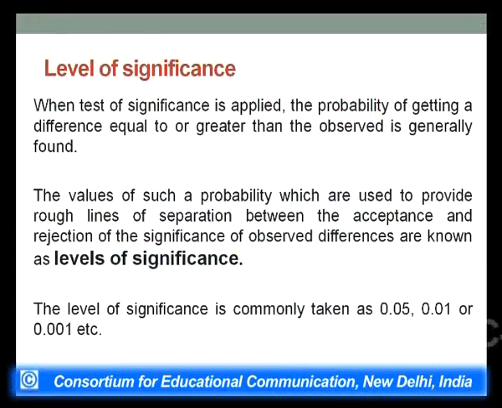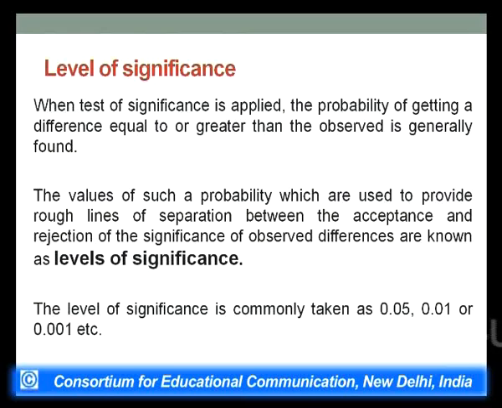Once we have understood the test of significance, we go to the level of significance. Level of significance means that when you apply the test of significance, the probability of getting a difference equal to or greater than the observed is generally found.